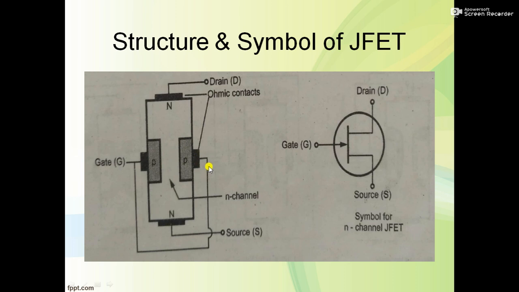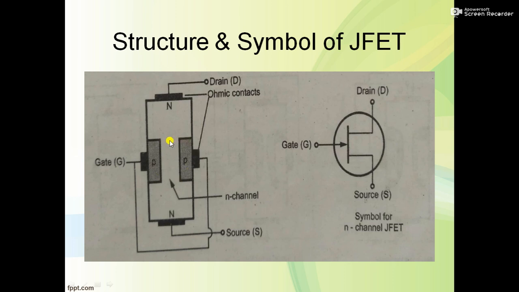It is one small bar of extrinsic semiconductor material, that is N-type material, and at its two ends two ohmic contacts are made, the drain and source terminals of the FET.